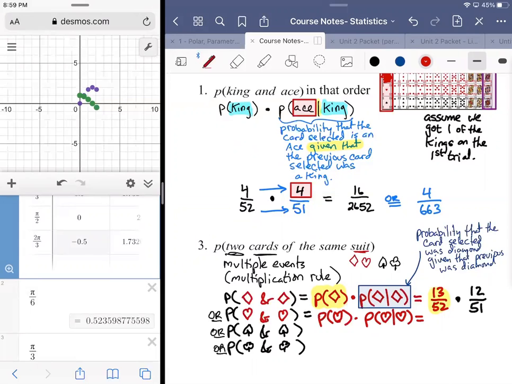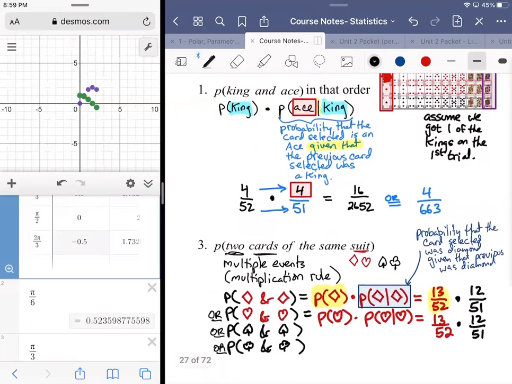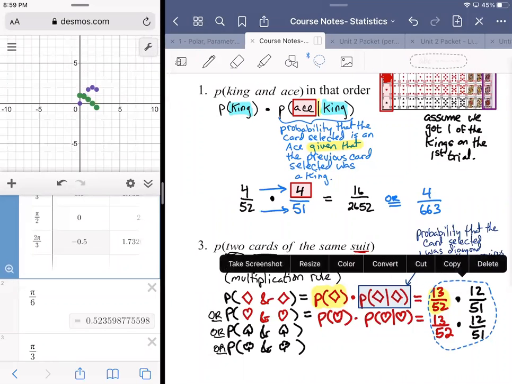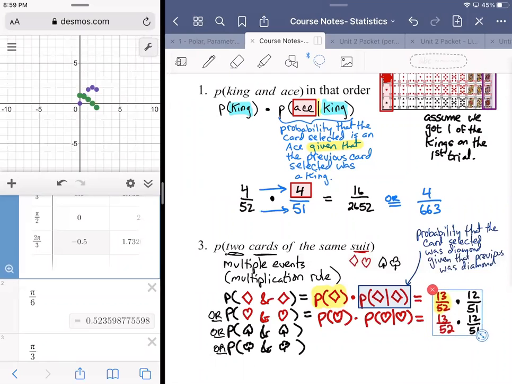There's 13 hearts, just like there were 13 diamonds out of 52. Once I remove one from the deck, specifically a heart, because we always assume success, that's going to put me at 12 out of 51 for my second selection. So we're going to get 4 probabilities that are exactly the same, because there's no reason to think it's going to be any different for the spades or the clubs.